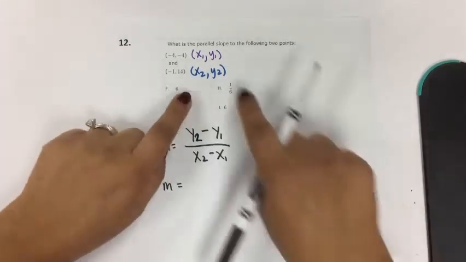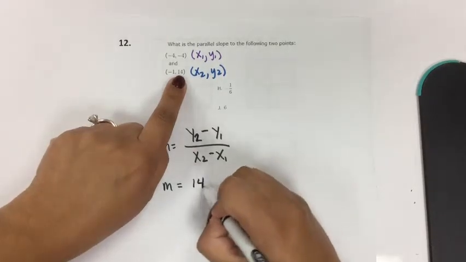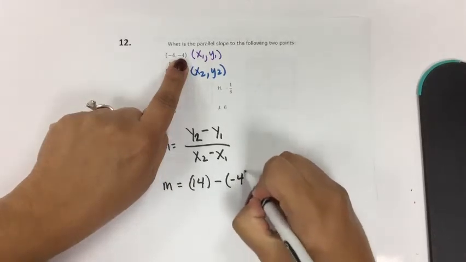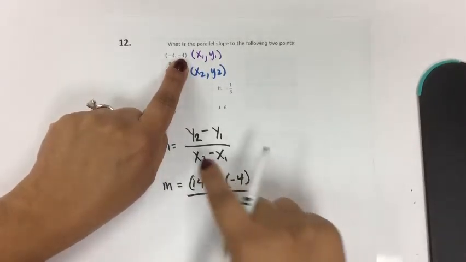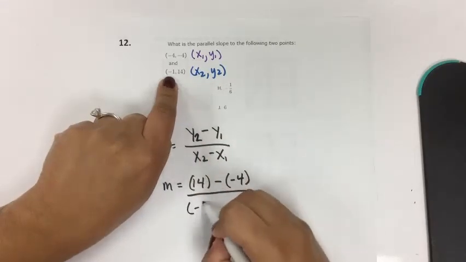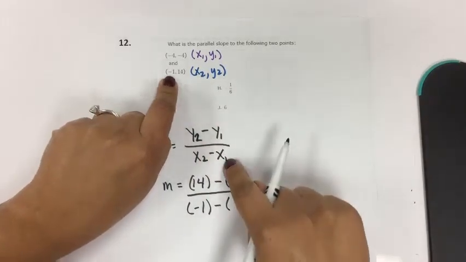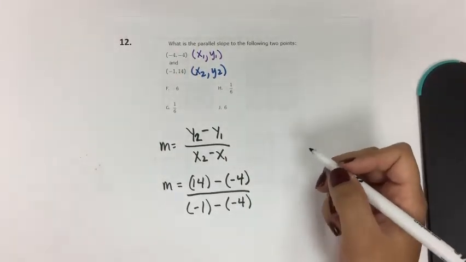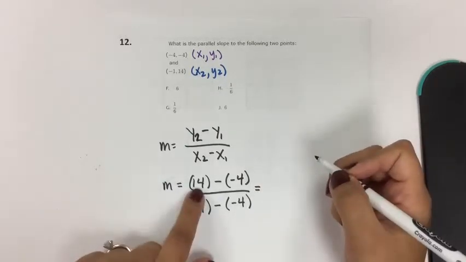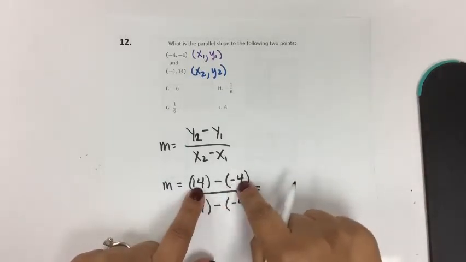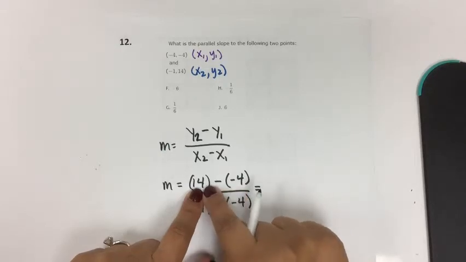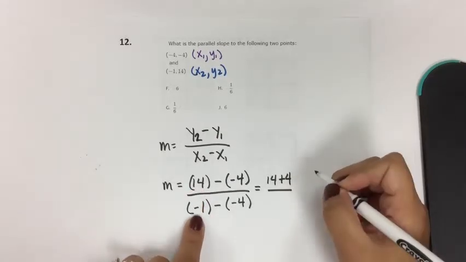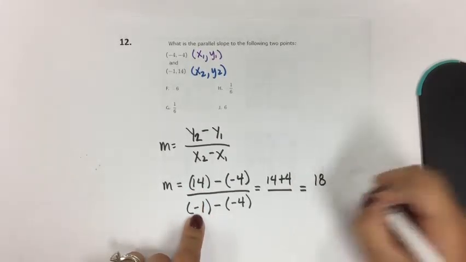Okay, so plug in y2. y2 is going to be 14 minus y1 is -4. Notice I have the double negative over x2 is -1 minus x1 is -4. Again, I don't have my calculator out, so I'm going to do this by hand. 14 minus -4. This double negative becomes positive, so really this is 14 plus 4, which is equal to 18.